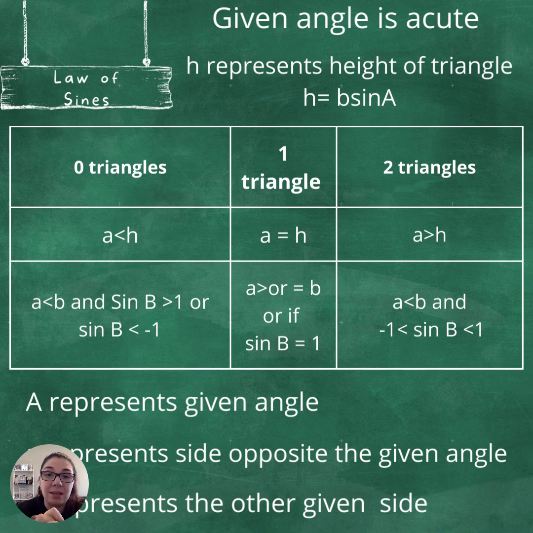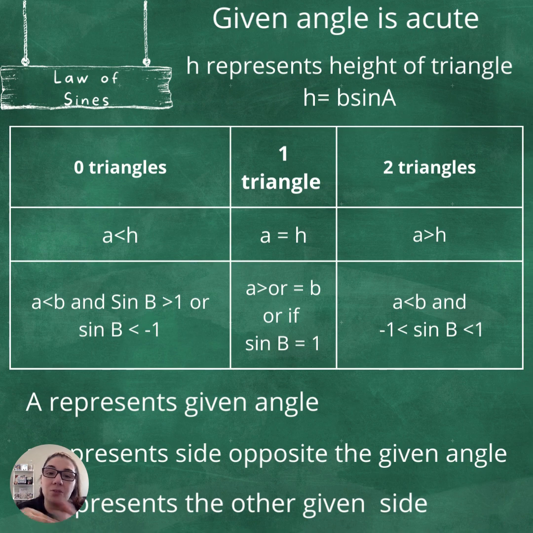So your sine can basically be from 0 to 1, but nothing greater than that. If it's greater than 1 or less than -1 and a is less than b, then you're not going to have a triangle at all, and you would say no triangles formed.